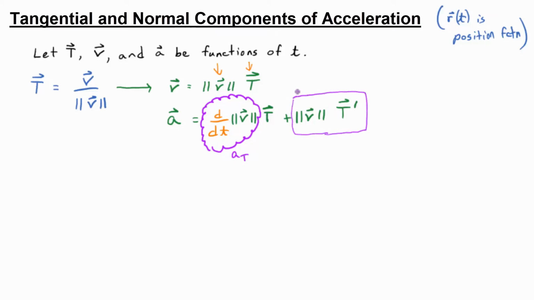I'm trying to write a in terms of T and N. I got T in the first term. I want to get N in the second term. So what is N again? N is T prime divided by the magnitude of T prime, right? The principal unit normal vector.